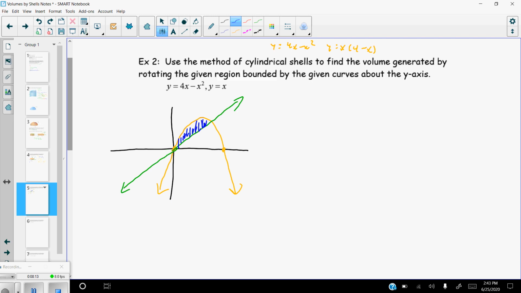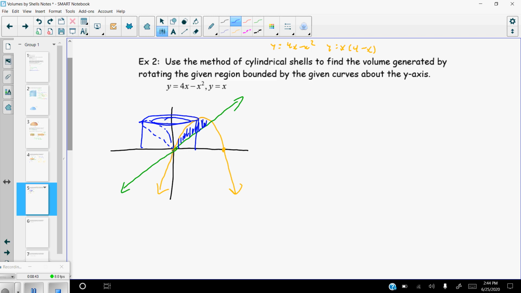So let's go ahead and sketch what this will look like on the other side. Looks something like that. And then, of course, this thing is going to have a top, and then it's going to have an inside part. So one representative cylinder is going to look something like that, with an inside piece like that.